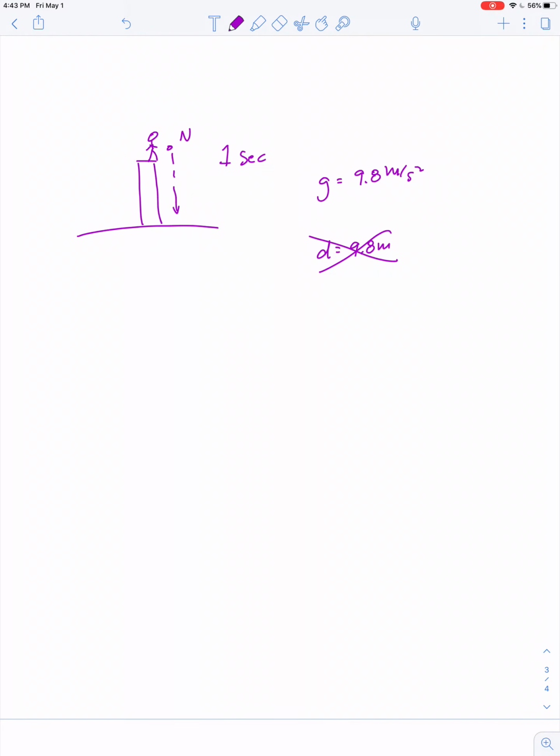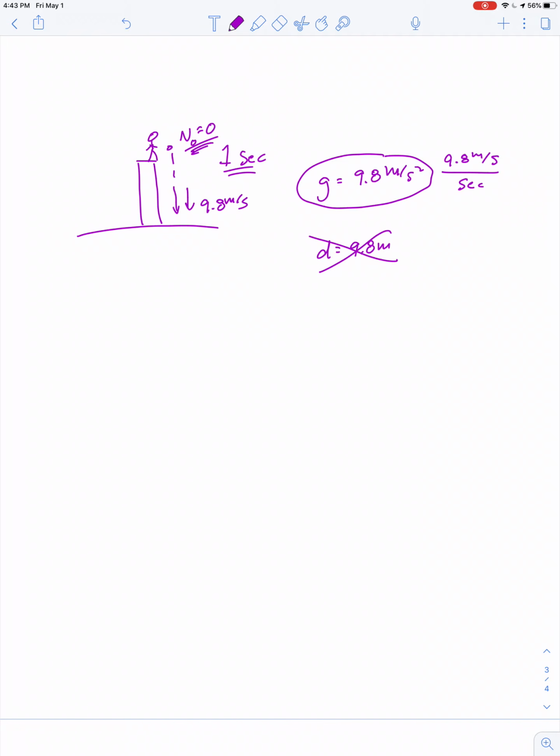When you first let go of something, its initial velocity is 0. To accelerate at 9.8 meters per second squared is maybe better thought of as increasing your speed at a rate of 9.8 meters per second. So after 1 second, the object will be traveling no longer with a speed of 0, but with a speed of 9.8 meters per second.